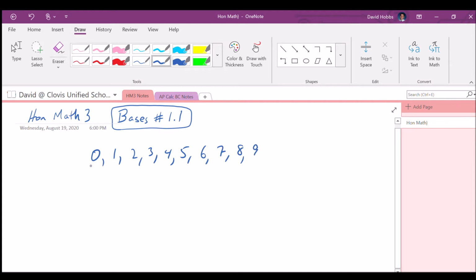So now that's 10 digits though, single digit representations representing things. As soon as I go beyond 9, it requires 2 digits to do the next number.